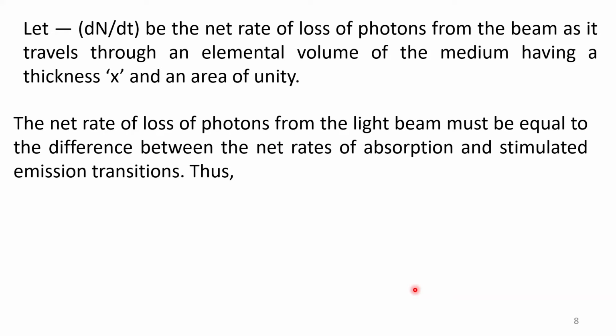The net rate of loss of photons from the light beam must be equal to the difference between the net rate of absorption and stimulated emission. Thus, minus dN by dt is equal to the difference between the net rates of absorption and stimulated transitions.